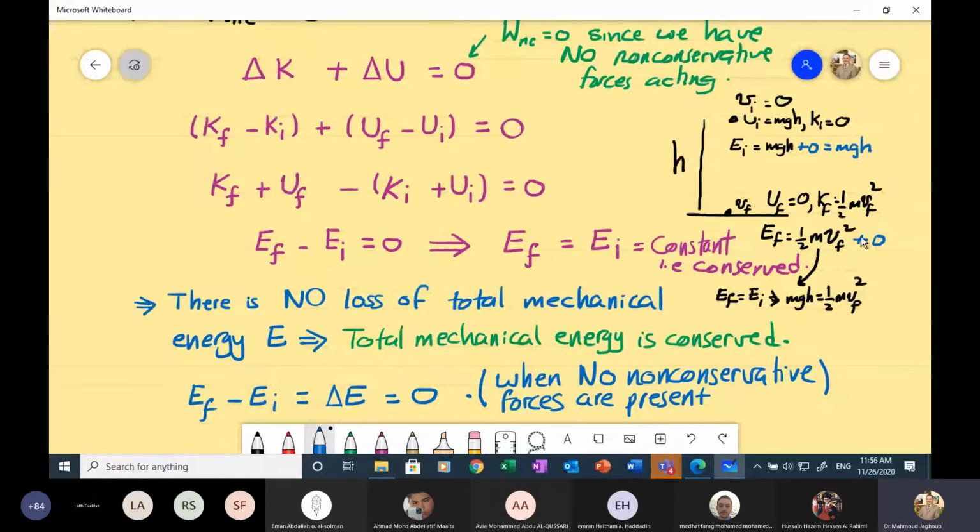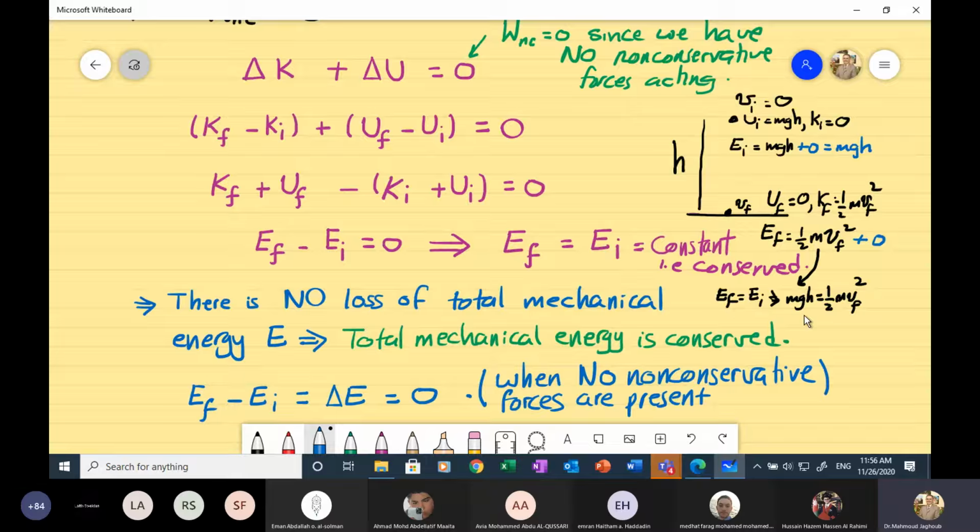And what does conservation of total mechanical energy say? It says that E final, which is this, must be equal to E initial, which is this, mgh. So I get that mgh equals half mv final squared. This is what we call conservation of total mechanical energy.